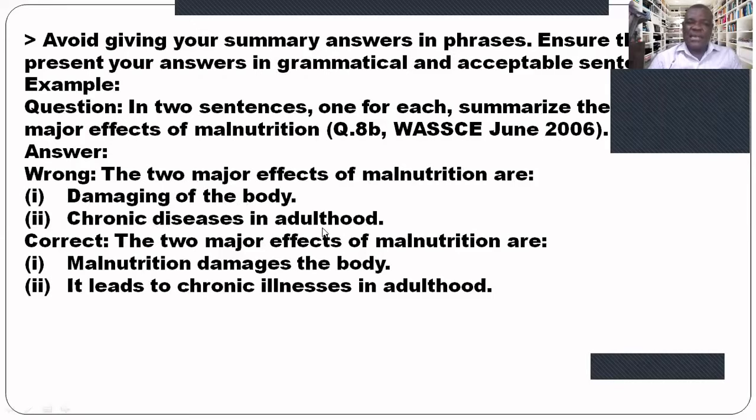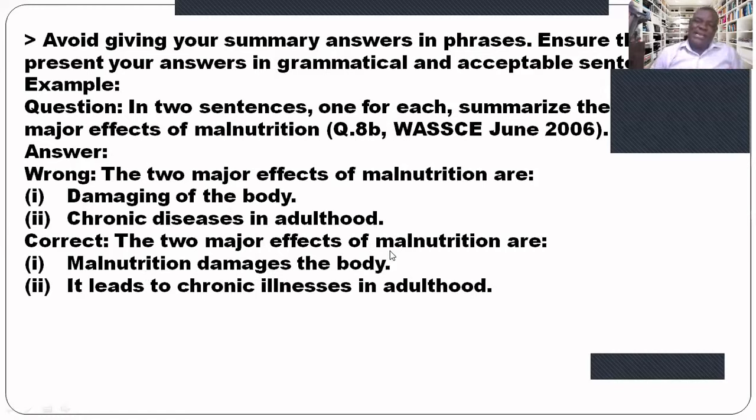Chronic diseases in adulthood is not a sentence. A sentence is a group of words that contains a finite verb and makes complete meaning or expresses a complete thought. And so the correct thing is the 2 major effects of malnutrition are I, malnutrition damages the body.